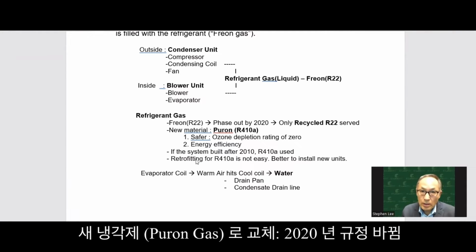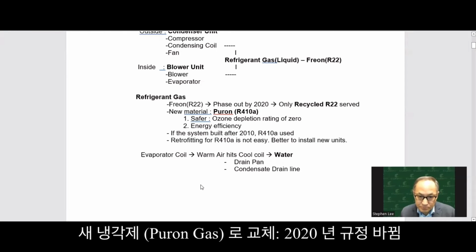So when your contractor or air conditioning technician suggests retrofitting to change the system so this older system can use the new refrigerant gas, you don't want to do that because it's not easy and it doesn't work well. Your recommendation should be to just change to a new air conditioning system.